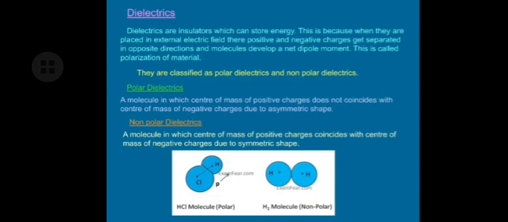Non-polar is the opposite of this. A molecule in which the center of mass of positive charge coincides with the center of mass of negative charge due to the symmetric shape is called non-polar dielectrics. The examples of polar dielectrics are HCl or H2O.